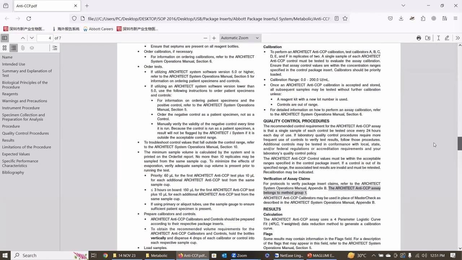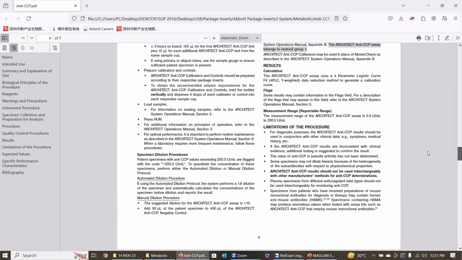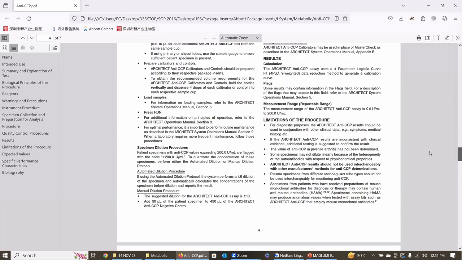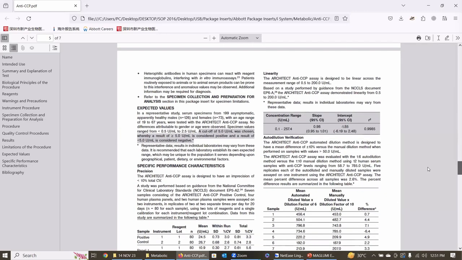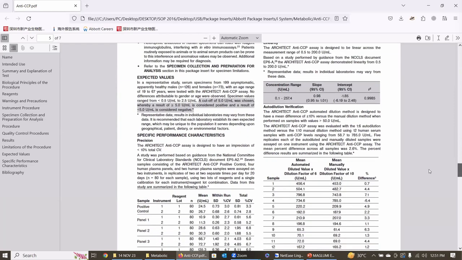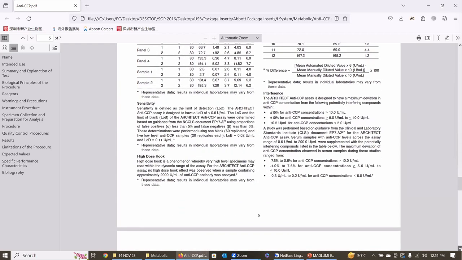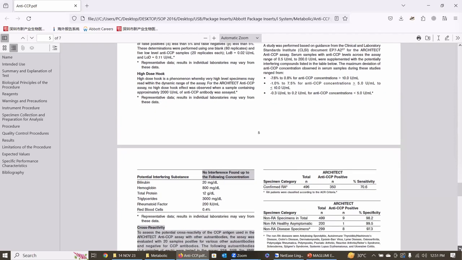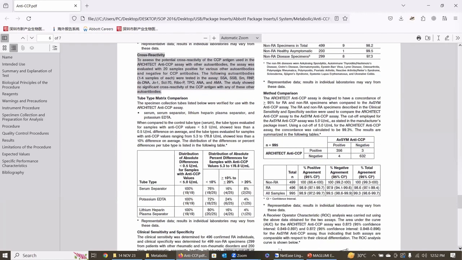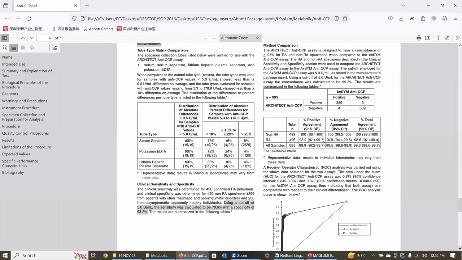They have a U per ml unit, quality control procedures, linearity, high dose hook effect, interference, cross reactivity, method comparison with the exam, and then in the LD they have a comparison with the Architect.